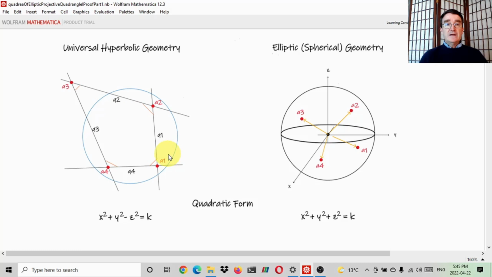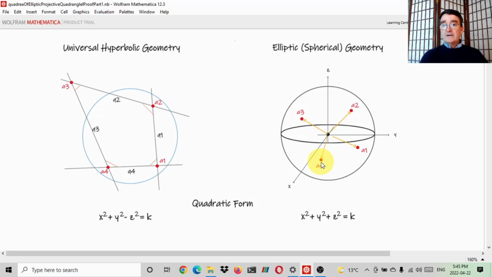So you can draw a line connecting A1 and A2, a line connecting A2 to A3, a line connecting A3 and A4, and a line connecting A4 and A1. A line consists of a plane through the origin. And similarly, there are spreads here.